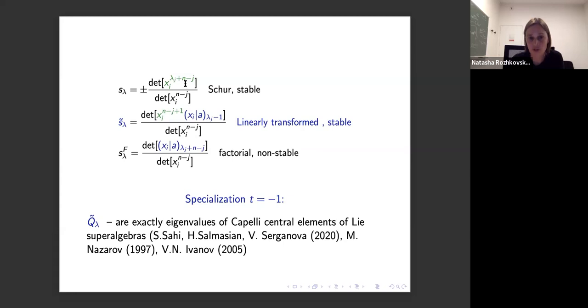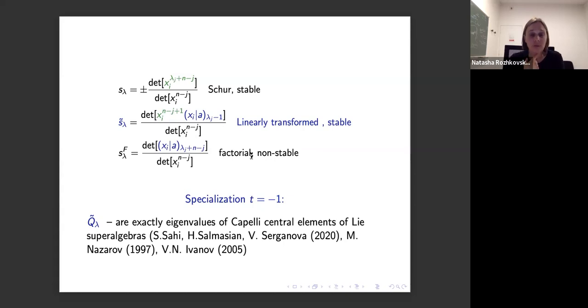These are Schur functions, not only polynomials. Our ones are also stable because that follows from our definition. But for these ones, it is well known that they are not stable, and therefore they are not very convenient for applications in representation theory, related for example to boson-fermion correspondence or vertex operators. Okay, so this is how this one is related to these two examples. That's what I wanted to say about the T=0 case.